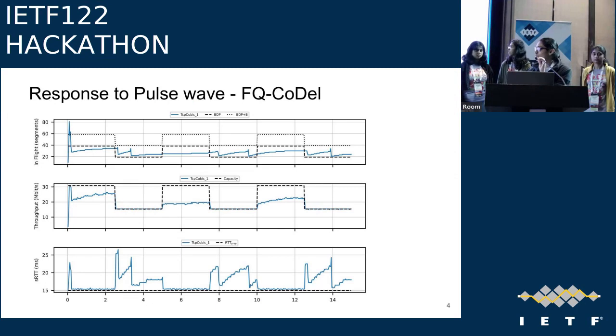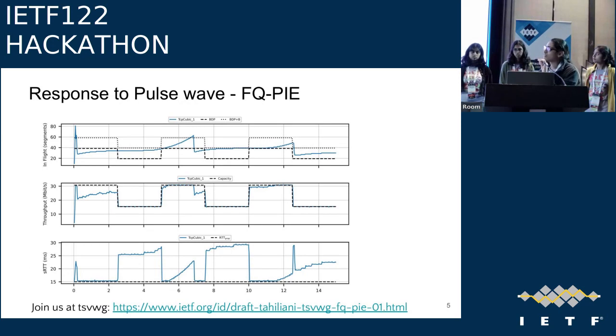We oscillated the network bandwidth between 16 Mbps and 32 Mbps, and we obtained the results using two AQMs. So this was the result for FQ-CoDel. We observed that while we oscillate the network bandwidth using FQ-CoDel, the throughput cannot keep up with the oscillating bandwidth. Even though we have 32 Mbps, the throughput remains stagnant around 16, which was interesting because with FQ-PIE, we observed that the throughput does keep up with the oscillating network bandwidth.